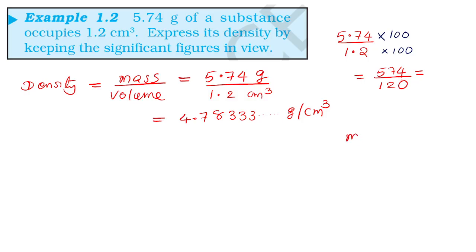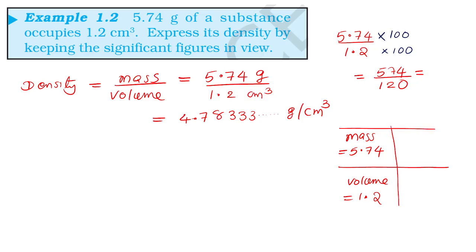The mass is 5.74 and the volume is 1.2. These are the two given data. Let us write the number of significant figures. 5.74 has 3 significant figures. 1.2 has only 2 significant figures.